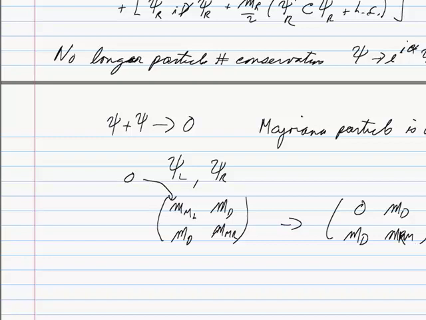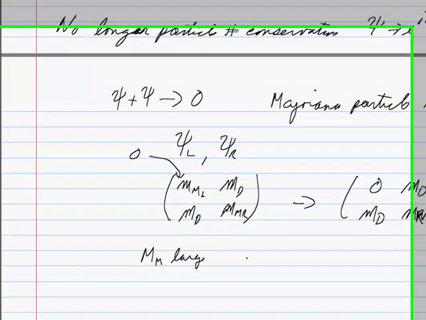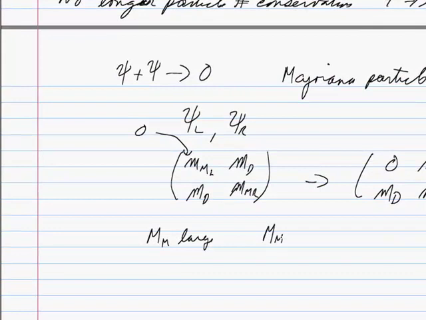And in the limit that M Majorana is big, the eigenvalues are the big Majorana mass and a little eigenvalue which is m_D squared over M. Okay, so when I diagonalize this, there's two eigenvalues. One piece gets mixed, and so this is one of the natural explanations for why we only see in nature dominantly left-handed neutrinos.